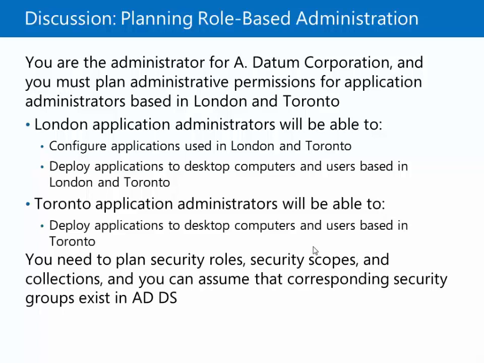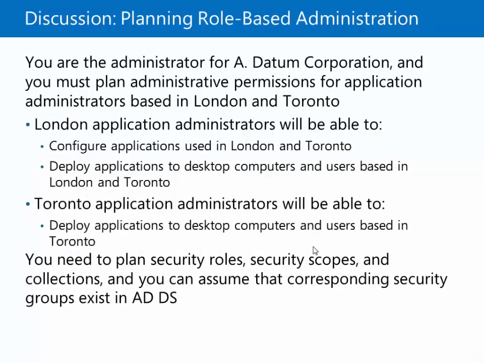The Toronto application administrator will be able to deploy applications to desktop computers and users based in Toronto. You need to plan security roles, security scopes and collections, and you can assume that corresponding security groups exist in AD DS.